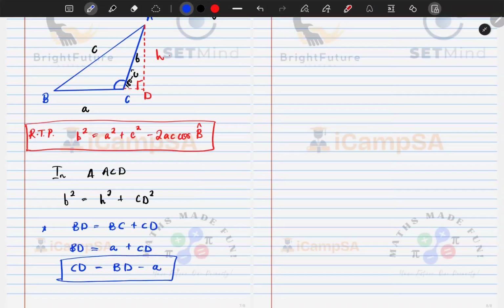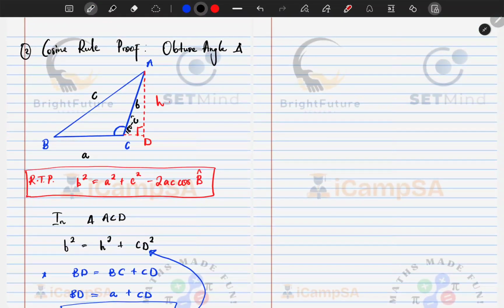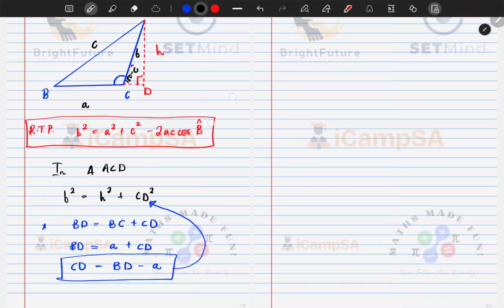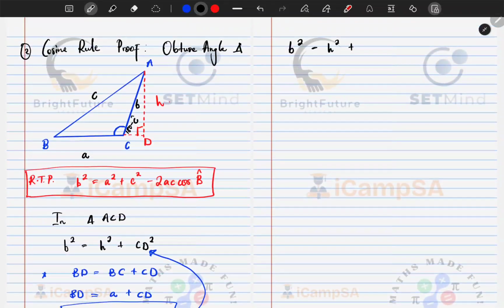And then I can take this into here. So now I'm going to be left with b squared is equal to h squared plus, what is CD? CD is BD minus a, so this is going to be BD minus a, all squared.